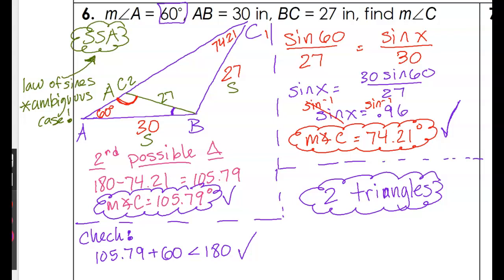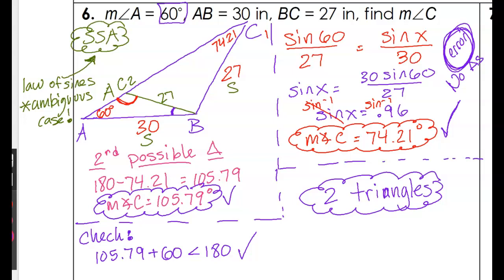So again, if when you were solving this first part right here, and it had given you an error, it would mean you would write there are no triangles. If when you were solving it and you got the second possible triangle, but your check did not work, your two values were not less than 180, it would mean there's only one triangle.